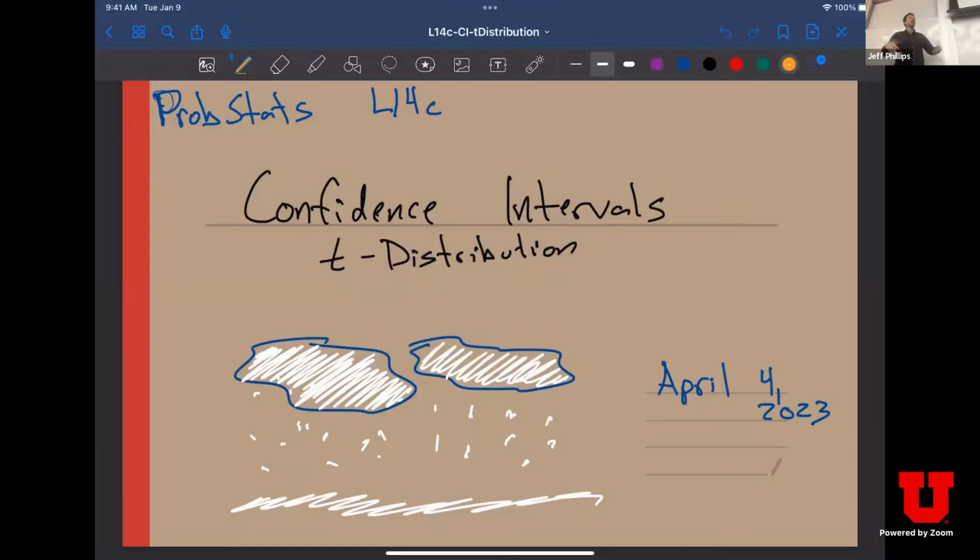Because it's binomial, we knew the variance again. The T distribution tells you what to do when you don't know the variance. That will be the main point of the lecture today.